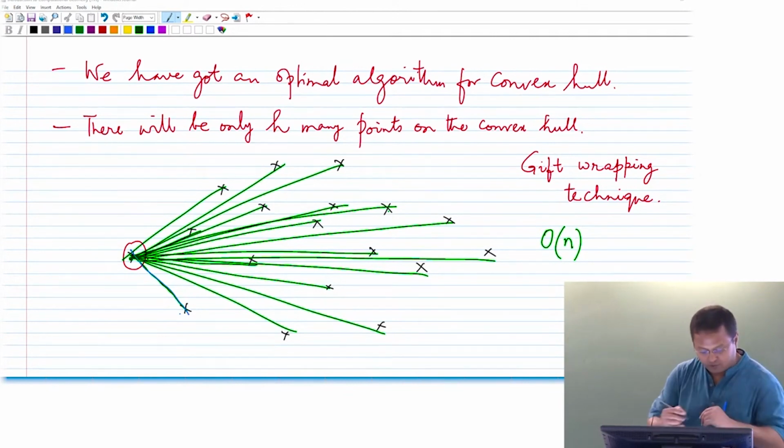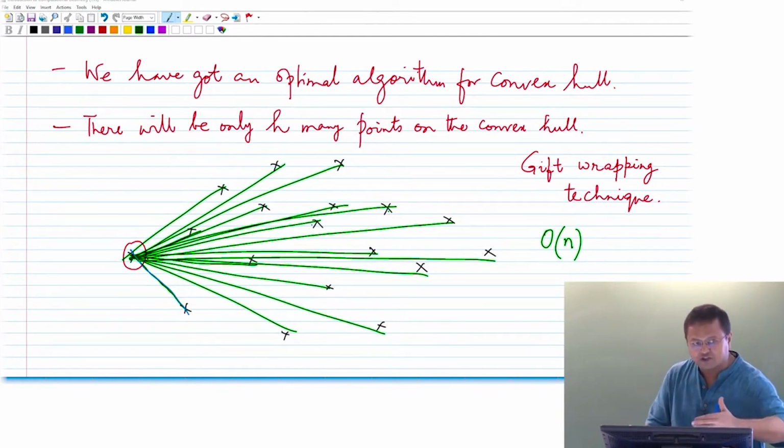Now, what I did was, if you noticed, I looked at everything, in a kind of circular sweep around this point, and I hit the lowest most point.